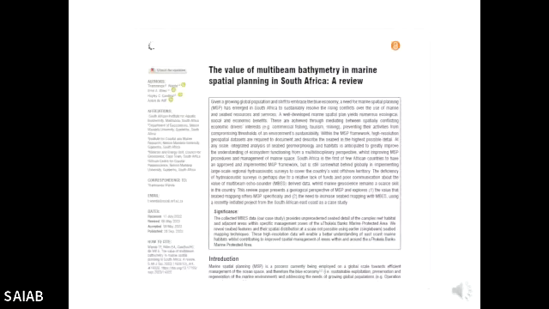Recently we published a review paper titled The Value of Multi-Beam Bathymetry in Marine Spatial Planning for South Africa, which looked at how multi-beam can be applied in marine spatial initiatives within the country.